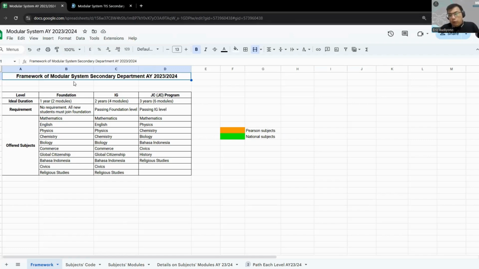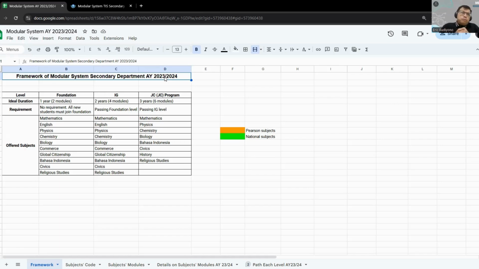Foundation is basically from grade 7 to 8, IG is from grade 9 to 10, and GC will be from 11 to 12. Sorry, foundation is grade 7, IG is 8, 9, 10, and GC is 11 and 12. And this is the framework of the module system for 2023 and 2024. So basically last academic year.